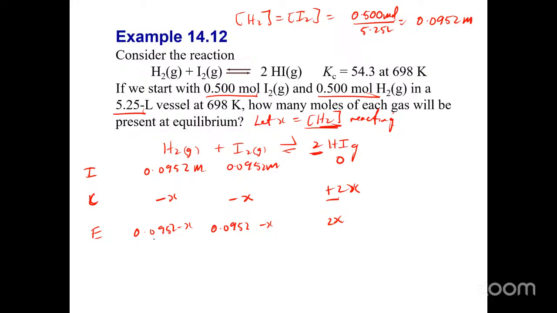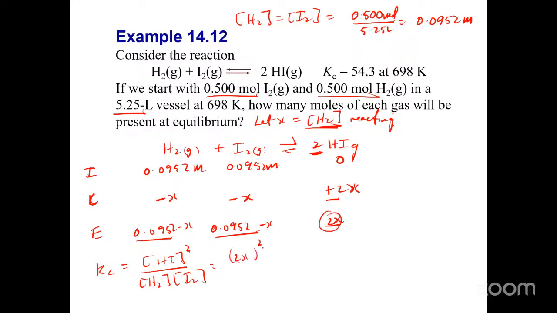So we're going to plug these terms into the Kc expression, which is Kc equal to the concentration of HI squared divided by the concentration of H2 times the concentration of I2. HI concentration is 2X.